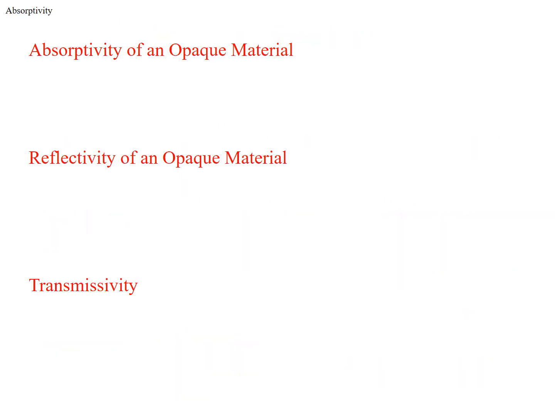So now we're going back to the definition of absorptivity, reflectivity, and transmissivity. We said that these are basically related to the fate of irradiation incident on the surface. Some of it is going to be absorbed, reflected, or transmitted. We defined them as total hemispherical absorptivity, for example, the fraction of irradiation that is going to be absorbed by the surface.